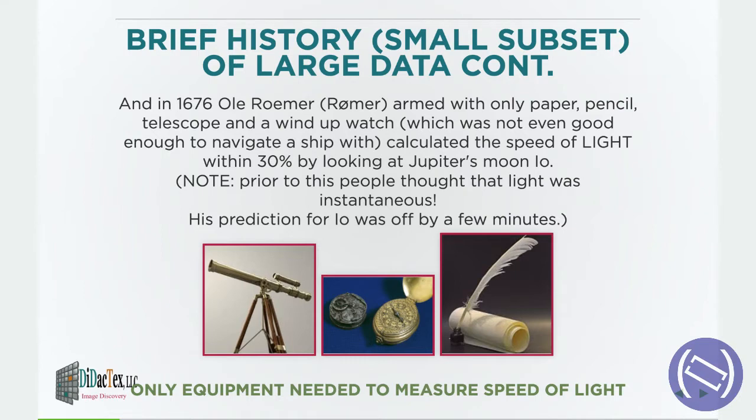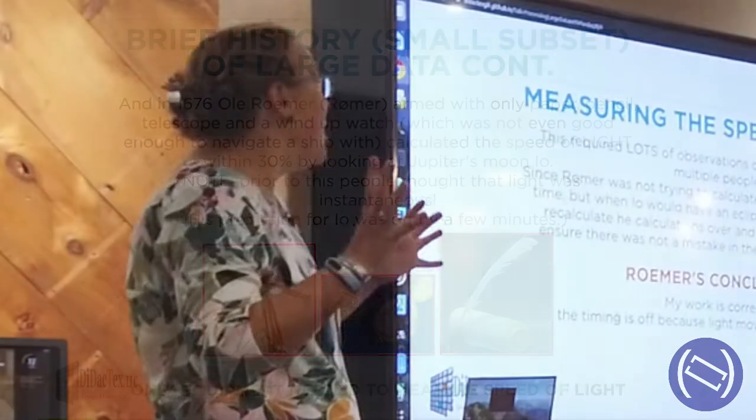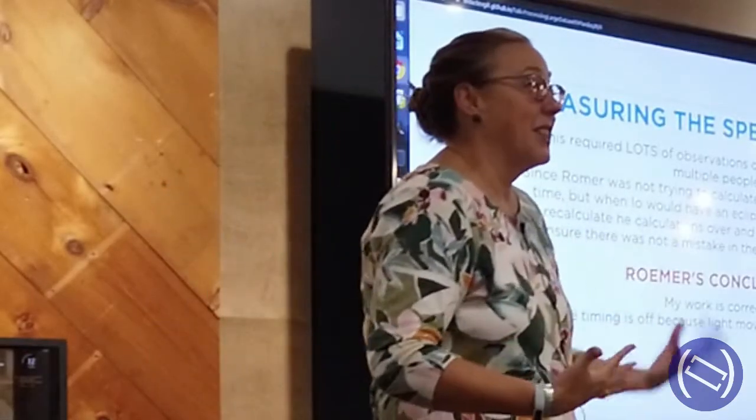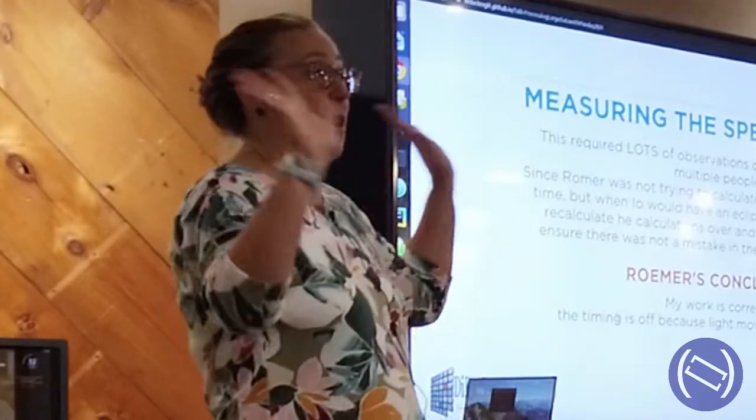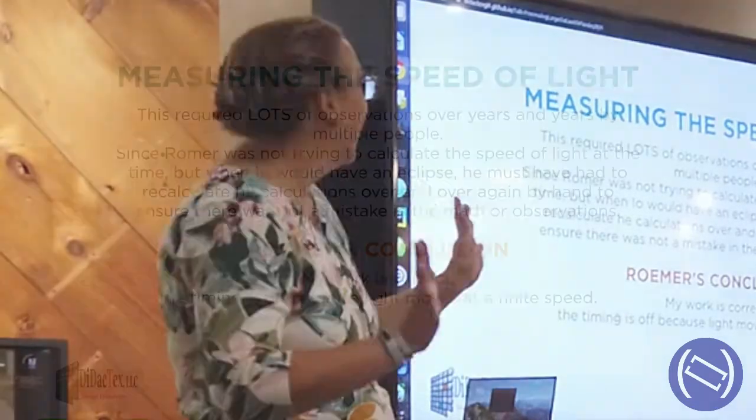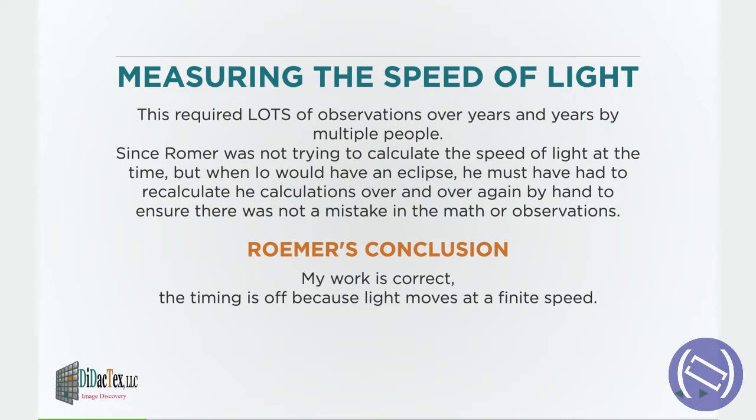Prior to this, people thought the speed of light was instantaneous. And he was only off by about 7 minutes in when the eclipse occurred. If you made some measurements and you were only off by 7%, you might say, okay, this is good enough. But it wasn't good enough for him.